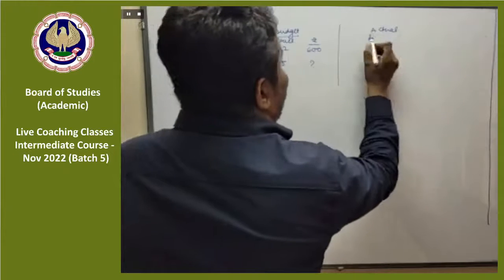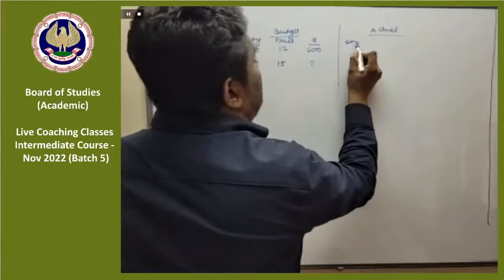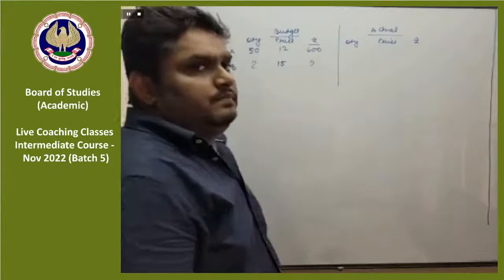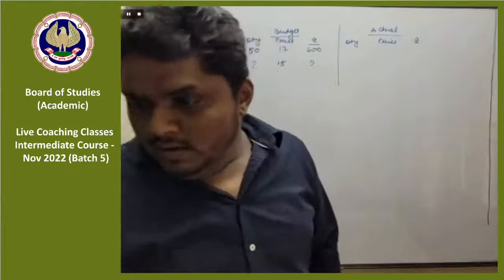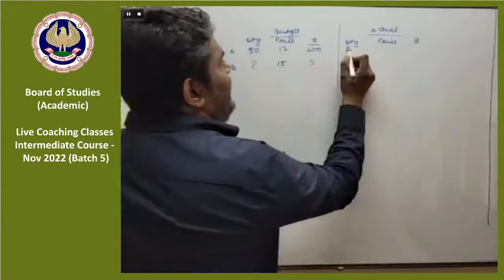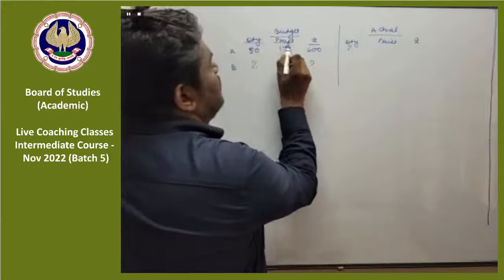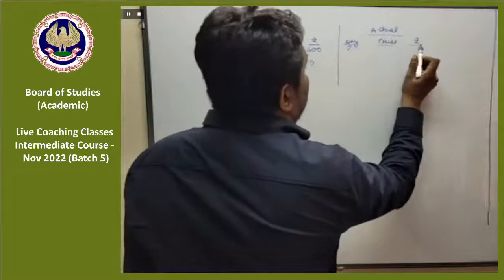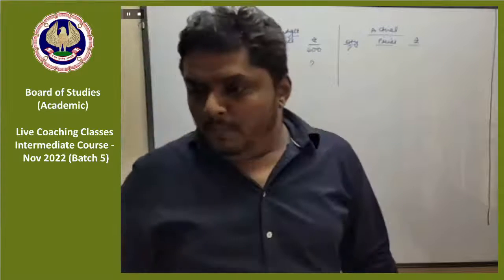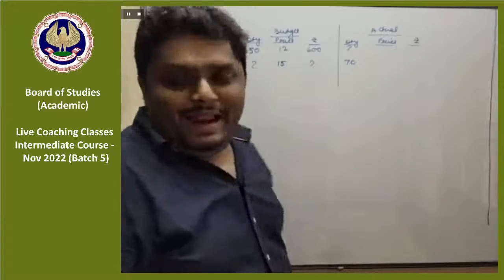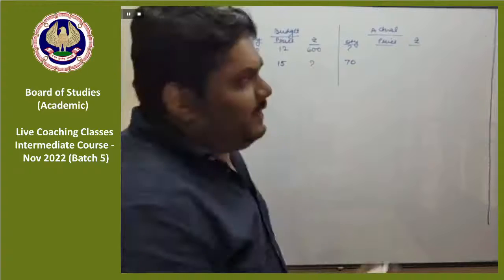When talking about the actual data, herein the actual quantity of A is not given, but B is given, that is 70. And the actual rate is given, that is 15 and 20.